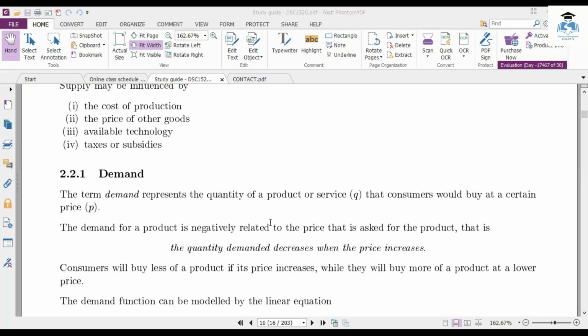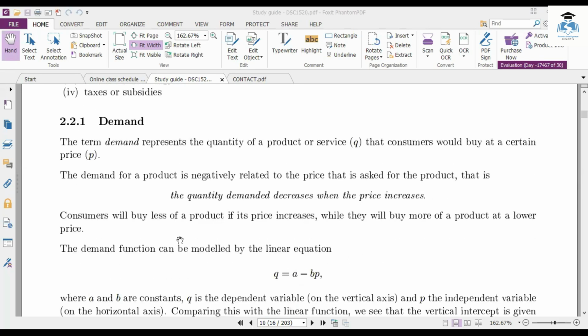But now if another person comes and says 20 rand, 5 tomatoes, what would definitely happen is that the people who would want to buy the tomatoes from that particular person will decrease. So that's what they are saying: the quantity demanded decreases when the price increases. So if the price increases, those who would want the product will be reduced.